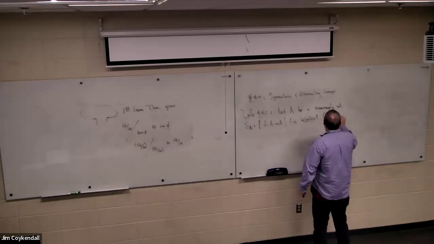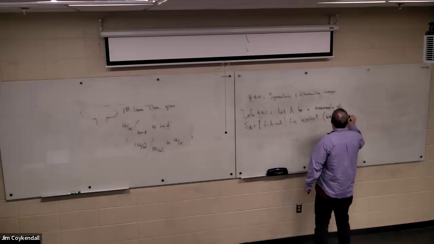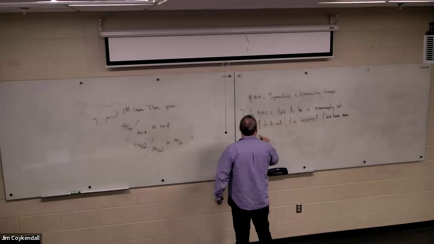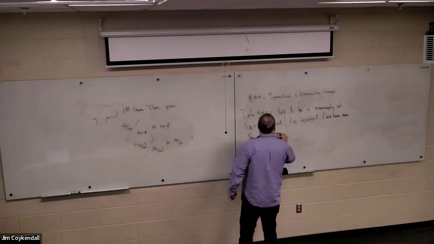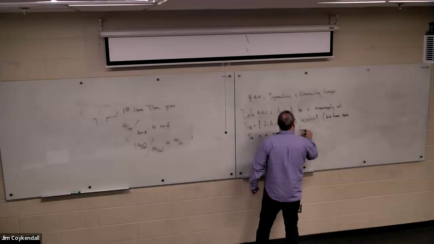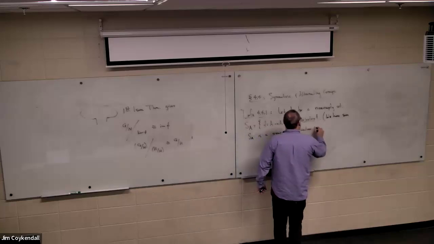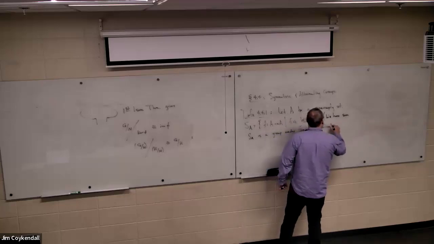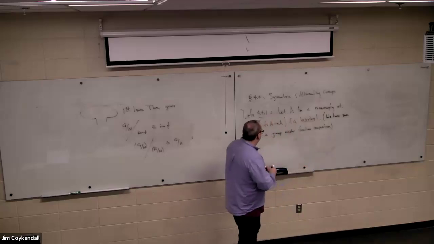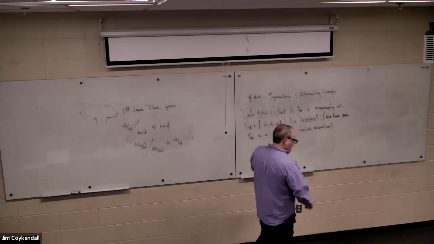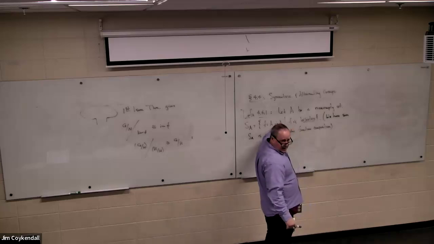We have seen SA is a group under function composition. And that's why you need it to be bijective, right?